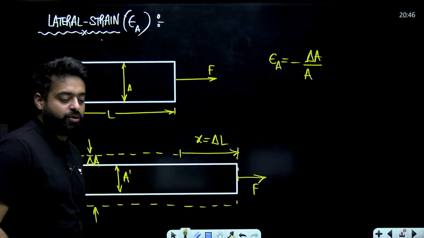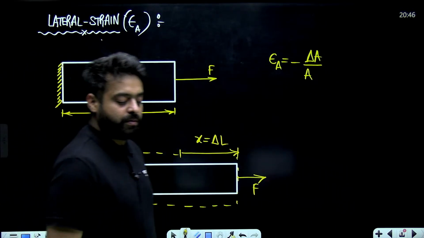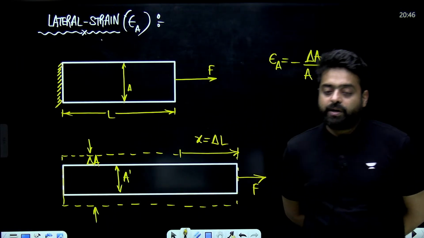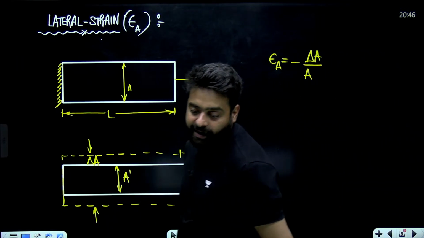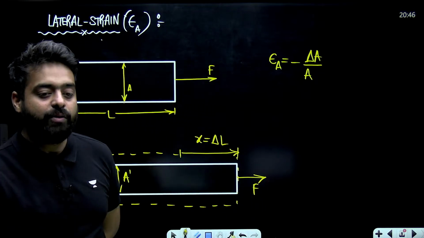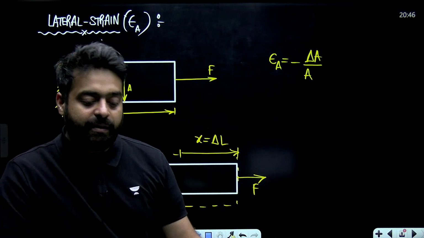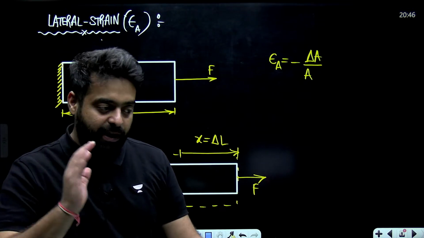Okay. Understood? So the area value actually gets changed with respect to its length.